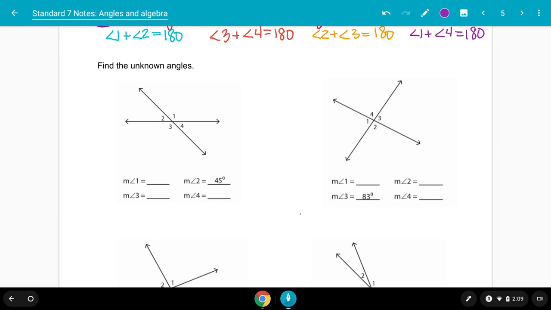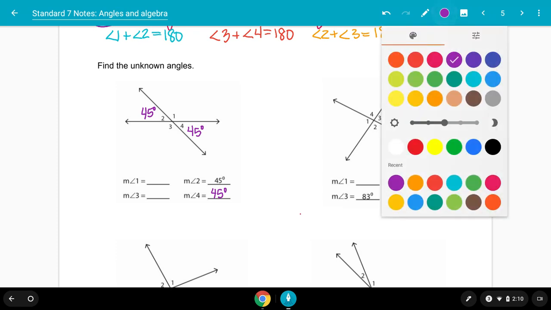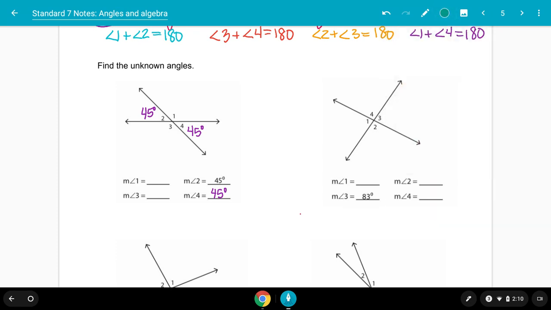For example, find the unknown angles. I'm given that angle 2 is 45 degrees. If angle 2 is 45 degrees, that means its vertical angle is also 45 degrees, and vertical angles are across from each other. So this one right here is 45 degrees as well. Now, how do we find angles 1 and 3? There are a couple of ways you can go at this. I'm going to look at this one.